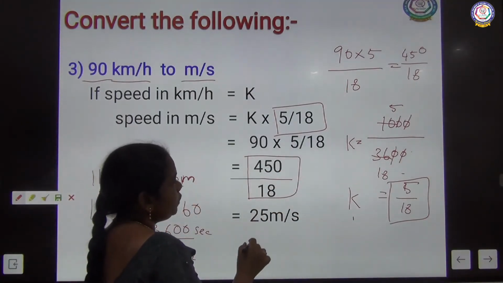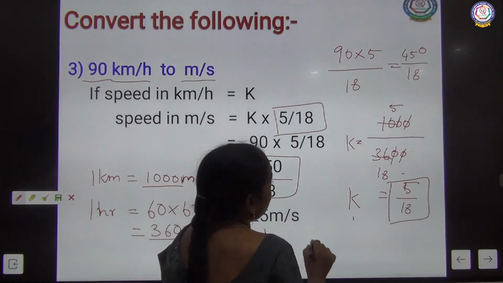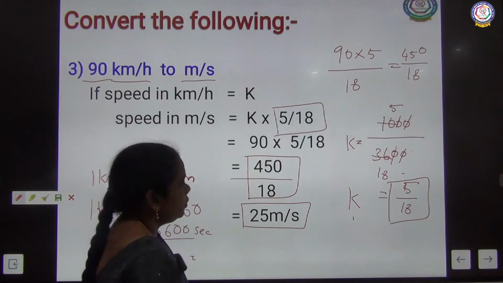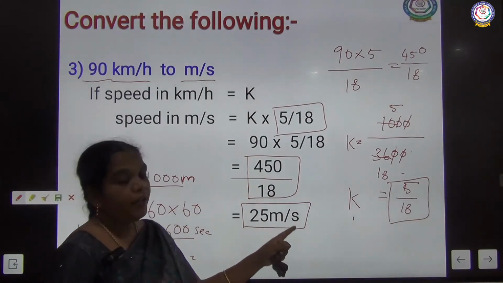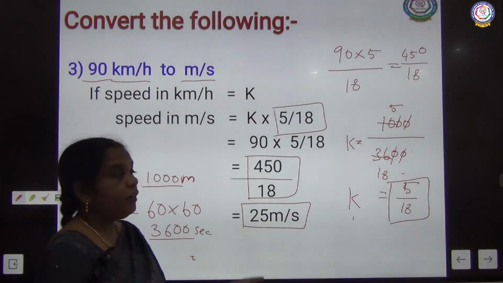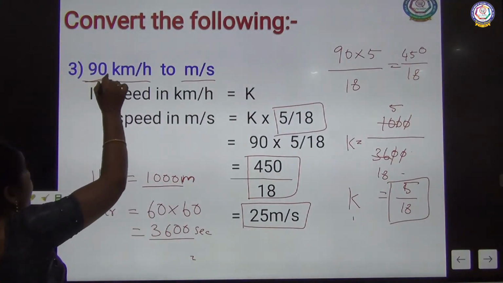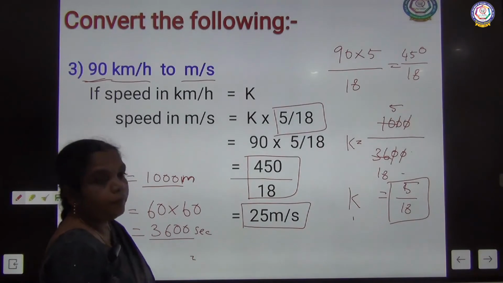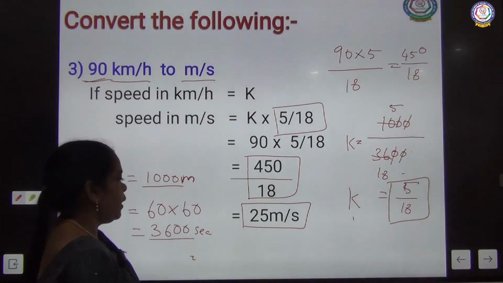If you divide this 450 by 18, you are going to get 25 meter per second. 25 meter per second. So now we have converted 90 kilometer per hour to 25 meter per second.